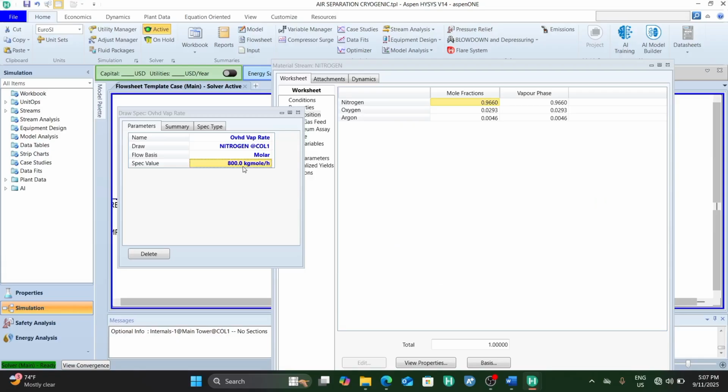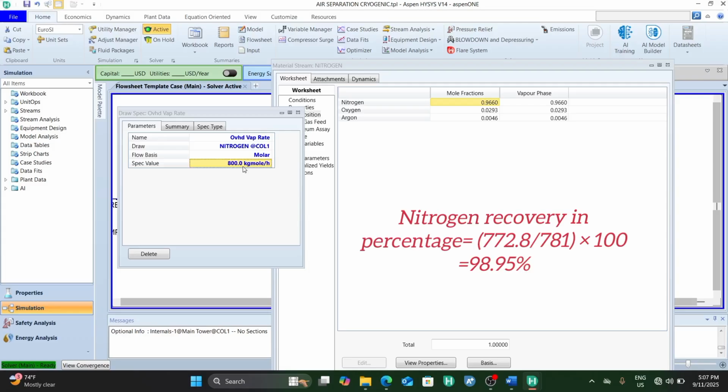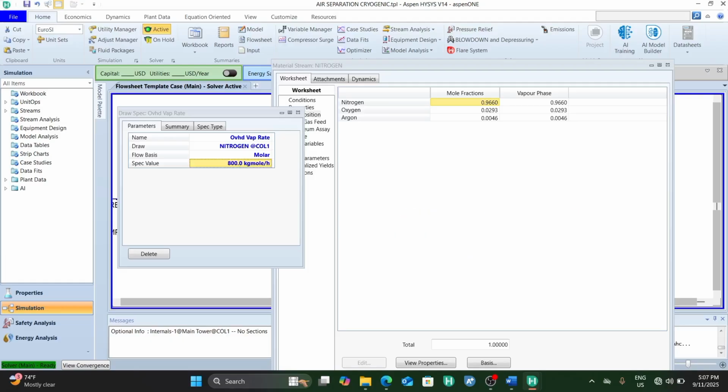So we're just going to simply have 772.8 all over 781 times 100. And with that, we're currently having 98.95% nitrogen being recovered. Now that's much, that's way above what we need. We needed a value greater than 95% for recovery, and we're currently having 98.9, which is approximately 99% nitrogen being recovered. So I believe that's a good benchmark.